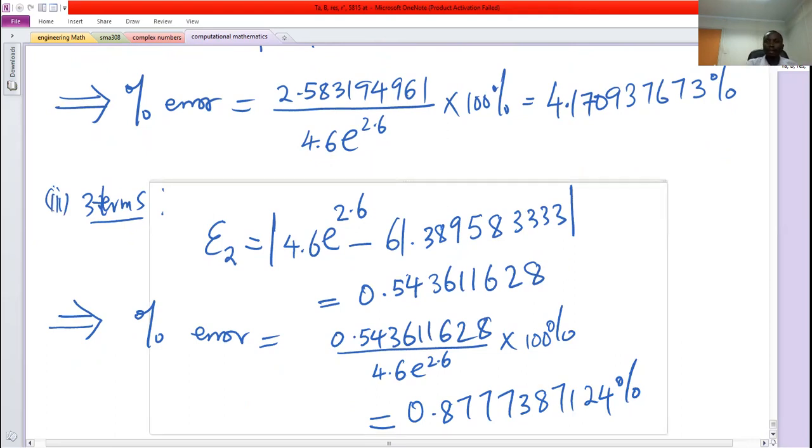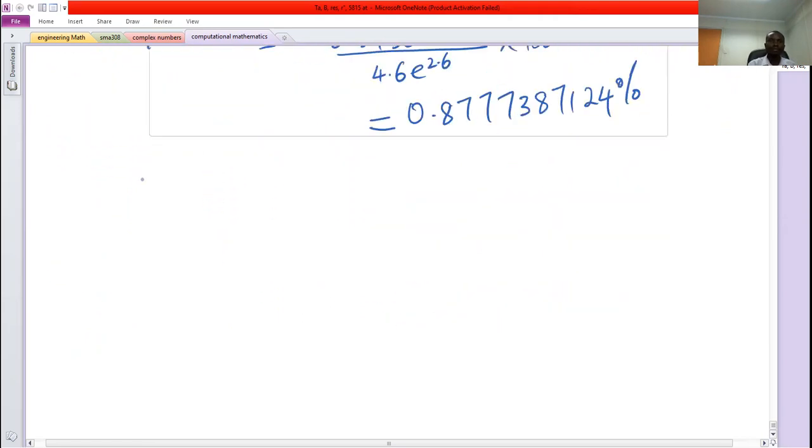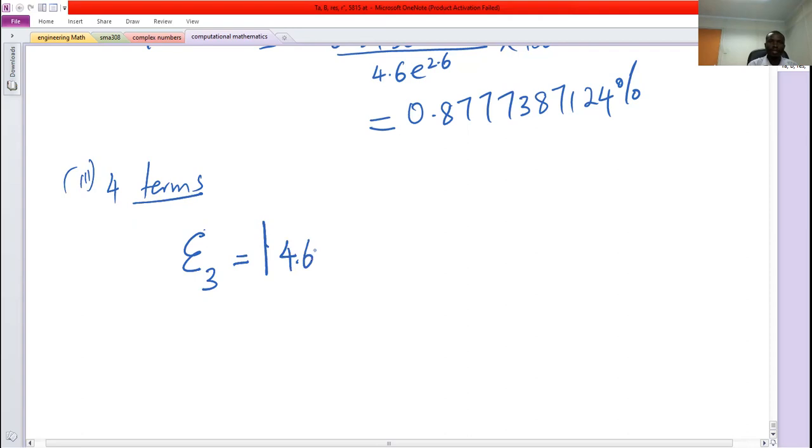And then lastly, when you're using 4 terms, let's call the error epsilon 3: 4.6 e raised power 2.6 minus the approximate, which was 61.725.